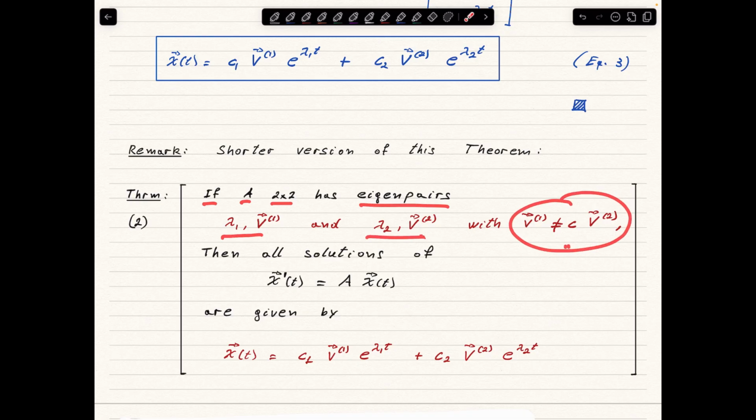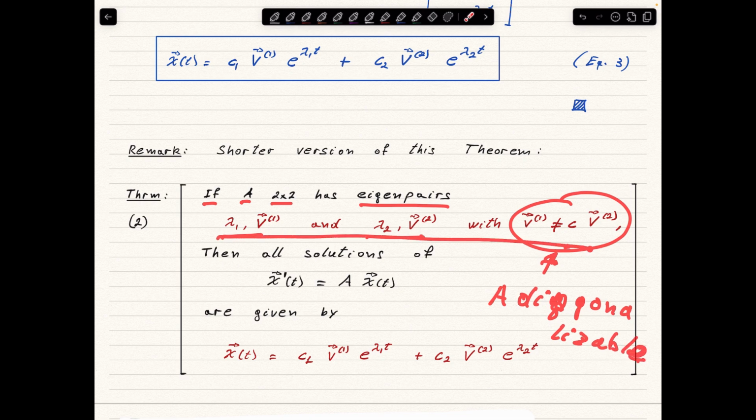And they say if a 2 by 2 matrix has these eigenvalues and eigenvectors, and the eigenvectors are not proportional to each other, why do we have this hypothesis? Well, because with this hypothesis we know that A is diagonalizable. We have a theorem in the previous video that says whenever that happens, if and only if A is diagonalizable.